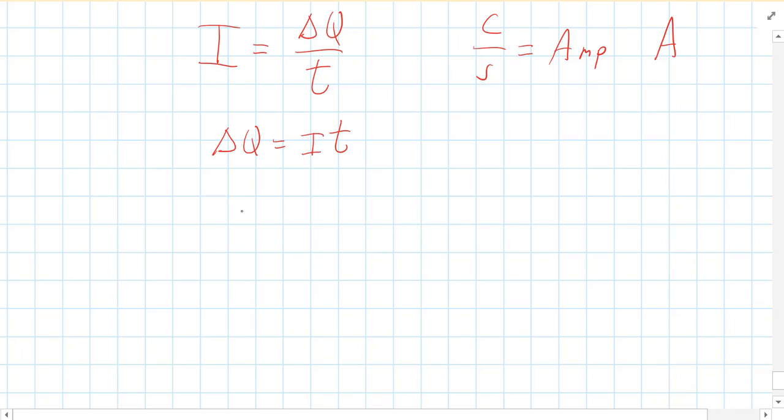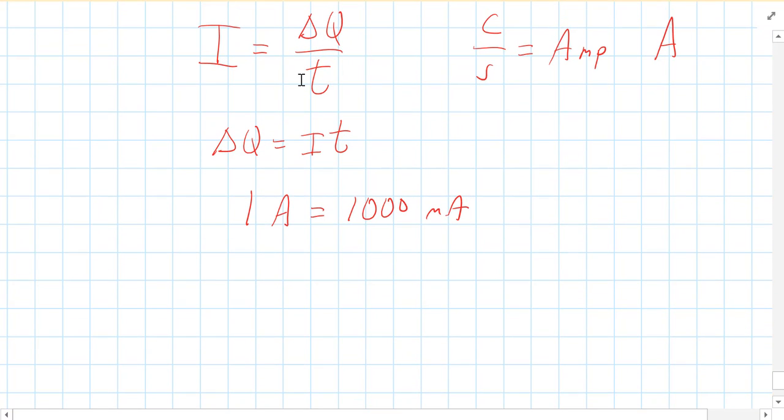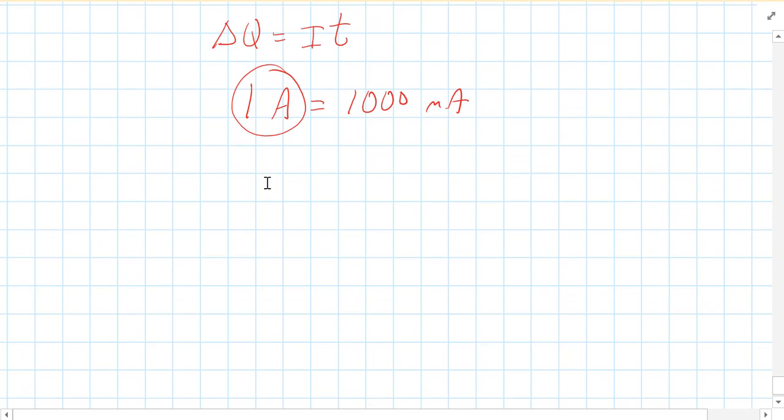You're going to be using this on a couple of your practice problems. 1 amp is equal to 1,000 milliamps. So when we use this equation, we have to make sure that our units are always amps. For instance, let's say you had a calculator and the current in the calculator was 75 milliamps.